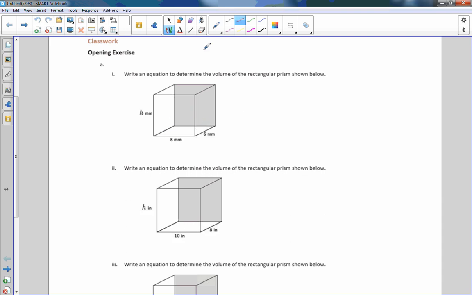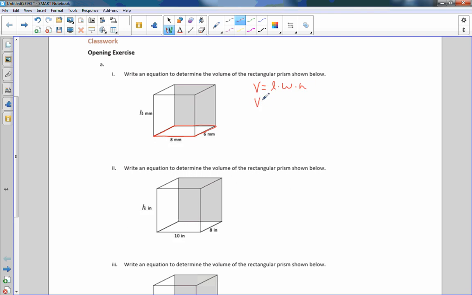So, for starters, if we wanted to find the area of the bottom, area is length times width. So write an equation to determine the volume of this. It would be volume equals length times width times height.